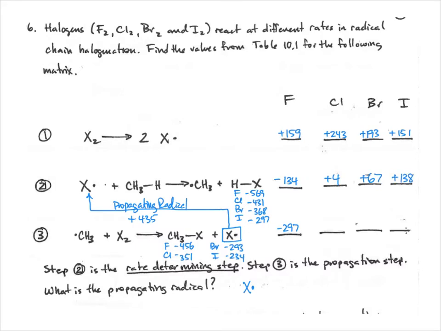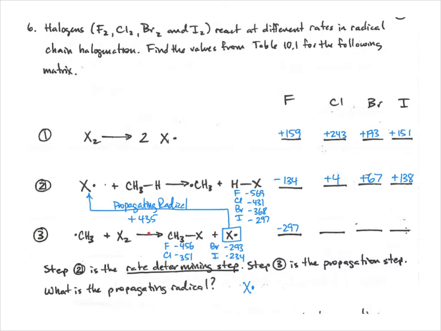Again, think about what this is telling you. As this step of the mechanism proceeds, with fluorine it's exothermic, generating a lot of heat. Chlorine is barely endothermic, and then the endothermicity increases, meaning that for the reaction to proceed with these halogens, you have to supply heat.